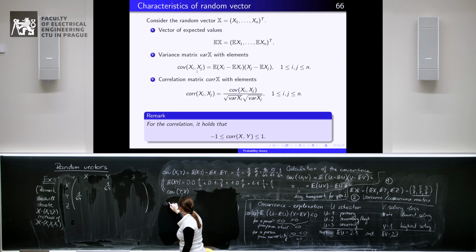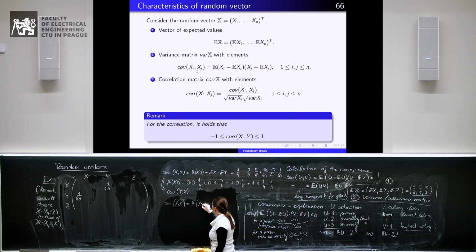So, for example, covariance of X and X is defined as the expected value of X minus its mean value times X minus its mean value.